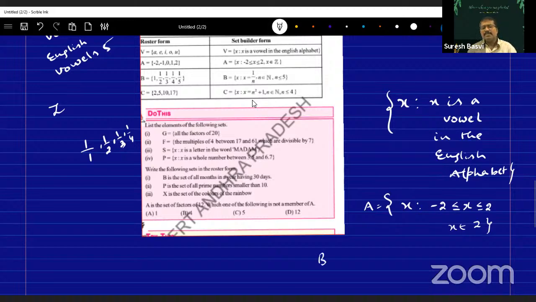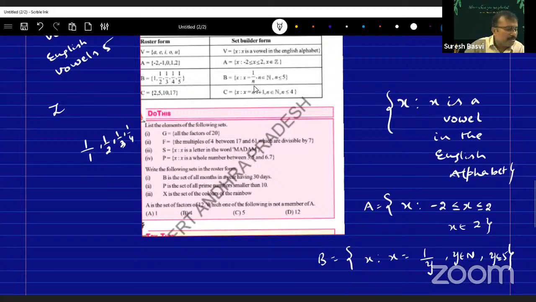So they wrote it as {x such that x = 1/y, y belongs to N, and y less than or equal to 5}.